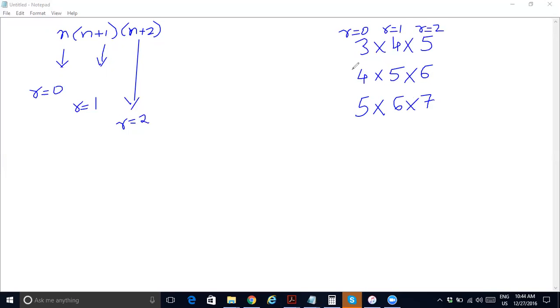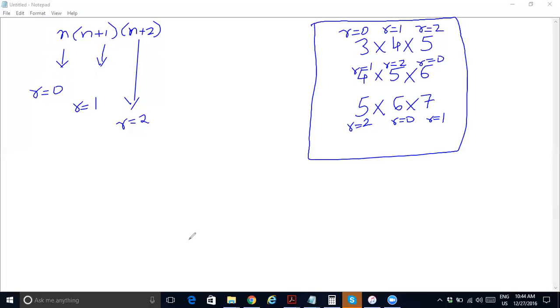In the second case, remainder 1, remainder 2, and remainder 0. And in the third case, remainder 2, remainder 0, remainder 1. That makes sense. Now, this logic is tested in question number 87. How it is tested, we'll be discussing that as well.